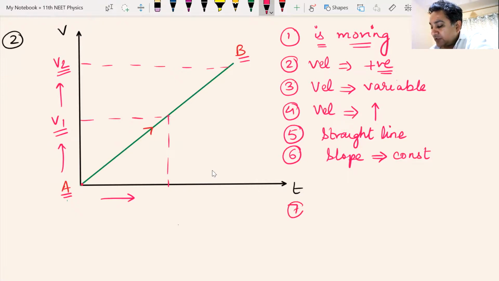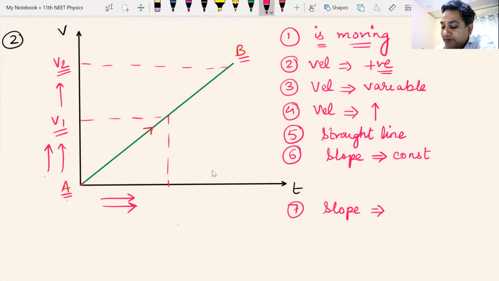Now, next question. Is the slope positive or is the slope negative? You must see when time increases, velocity also increases. So they are directly proportional. Time increases, velocity increases.